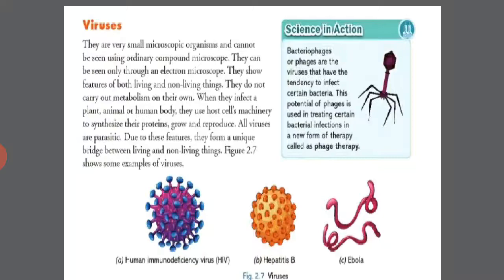They do not carry out metabolism on their own. When they infect a plant, animal, or human body, they use the host cell's machinery to synthesize their protein, grow, and reproduce. All viruses are parasitic. Due to these features, they form a unique bridge between living and non-living things. You can see in the figure also.